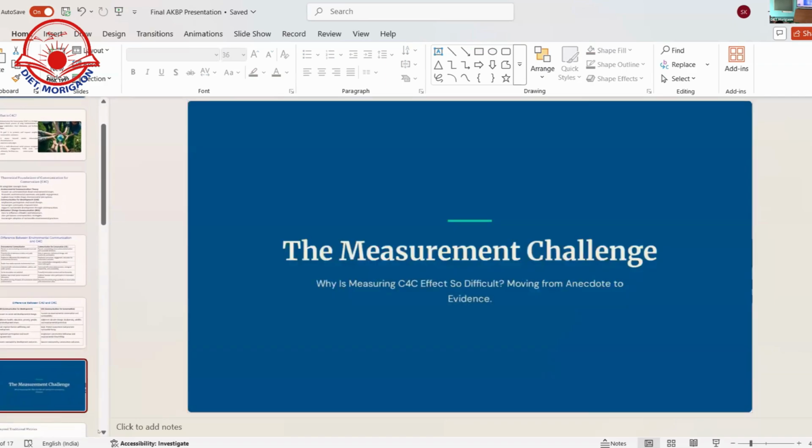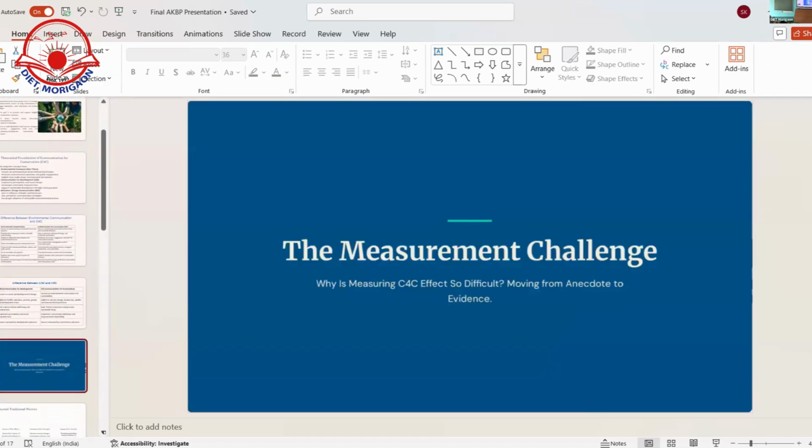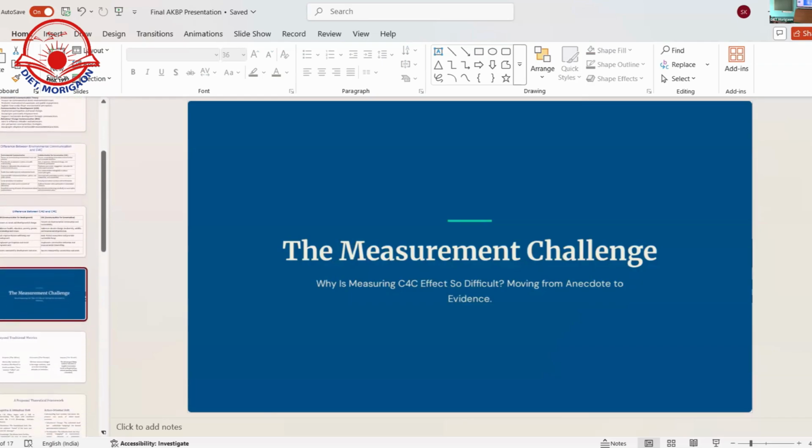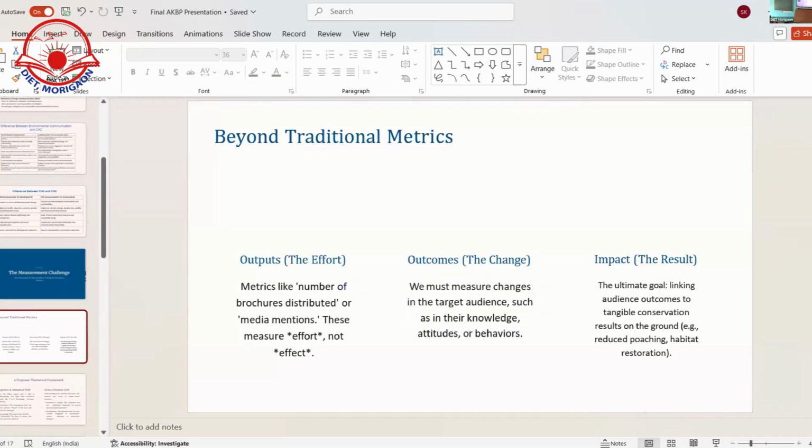So how can we measure the effect of C4C? To measure communication for conservation effects, first of all, we have to find out the effort. We have to create metrics like number of brochures distributed or media mentions. All these can be taken as efforts. Then we can go for the change. What kind of change occurred?